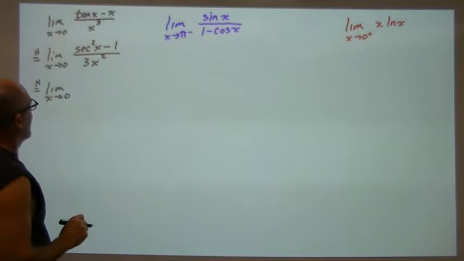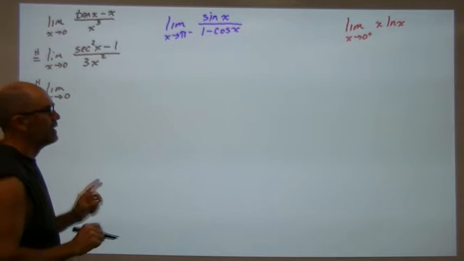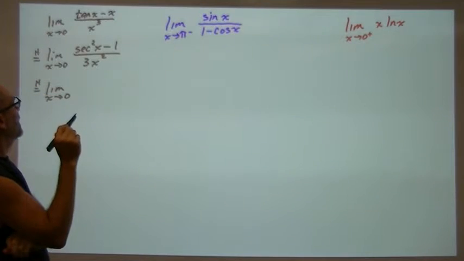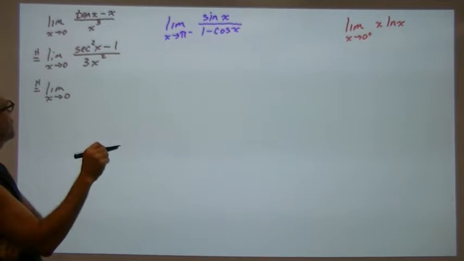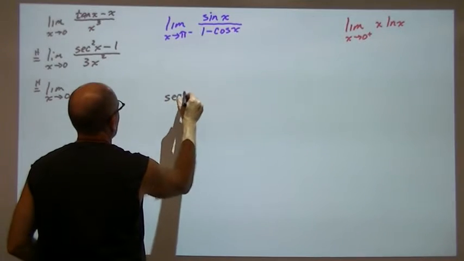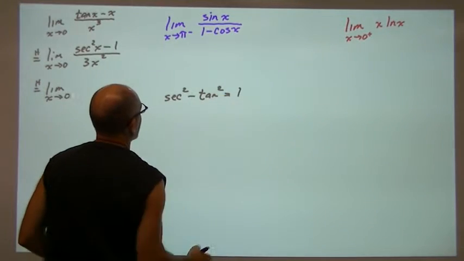So the derivative of... let's see, I don't want to go derivative of secant squared. Secant squared minus 1 is tangent squared. Let's see. Secant squared minus tangent squared equals 1.